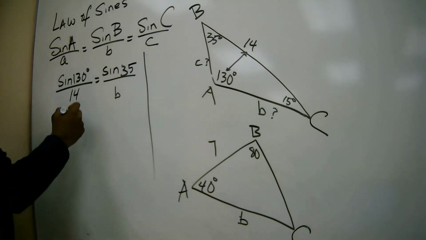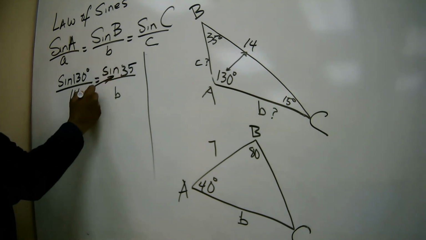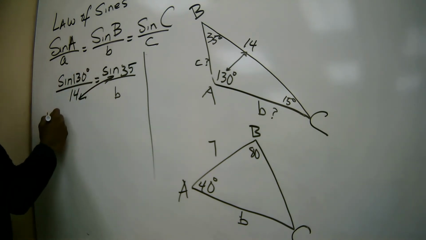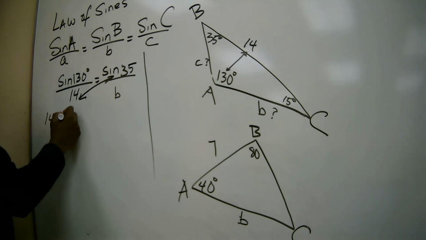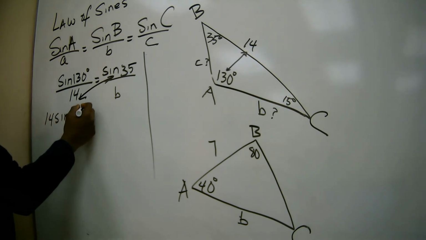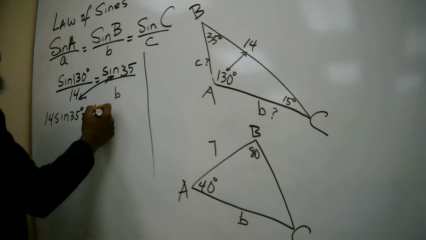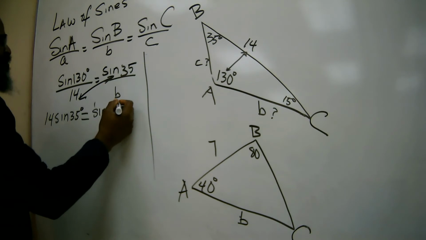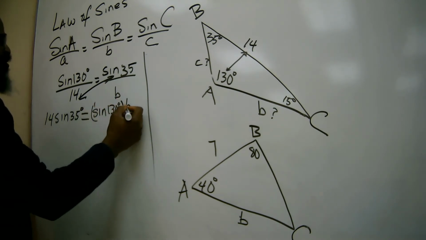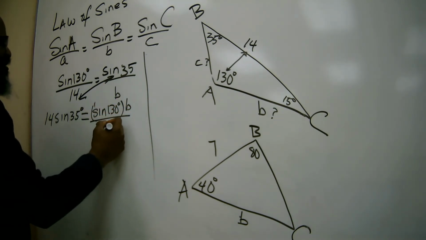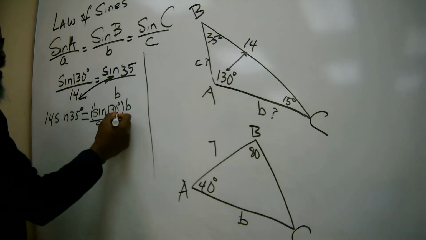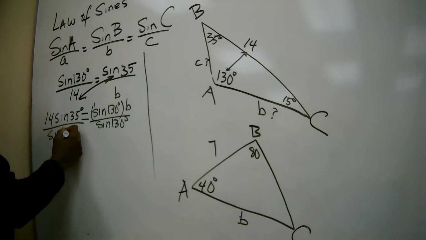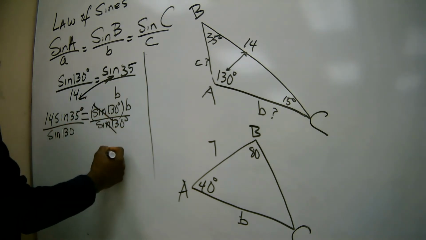So I'm going to cross multiply, or you call it multiply by your denominator. Continue the old fashioned way, that is 14 sine of 35 is equal to sine of 130 times B. I'm solving for B, therefore I must divide both sides by sine of 130. So get your calculator handy. All of this is equal to B.